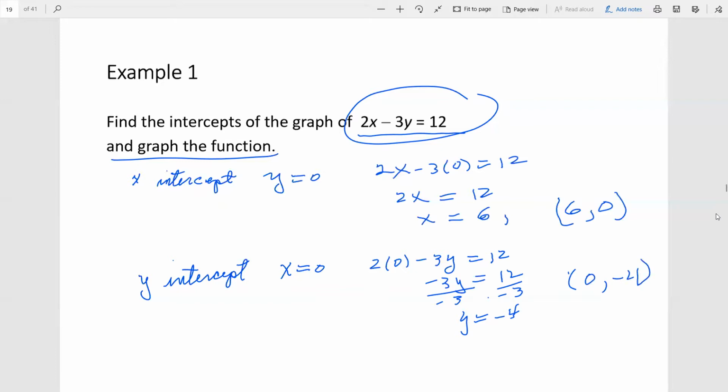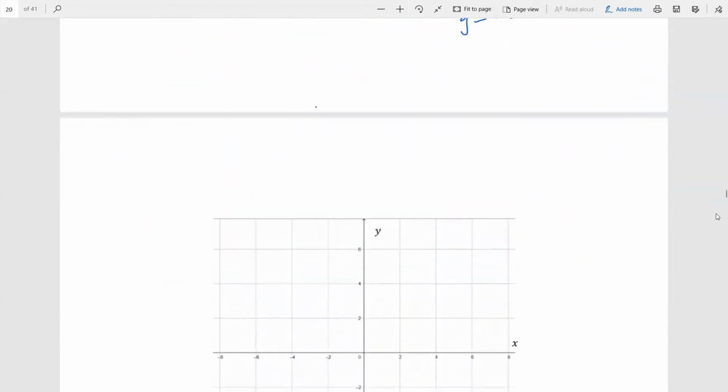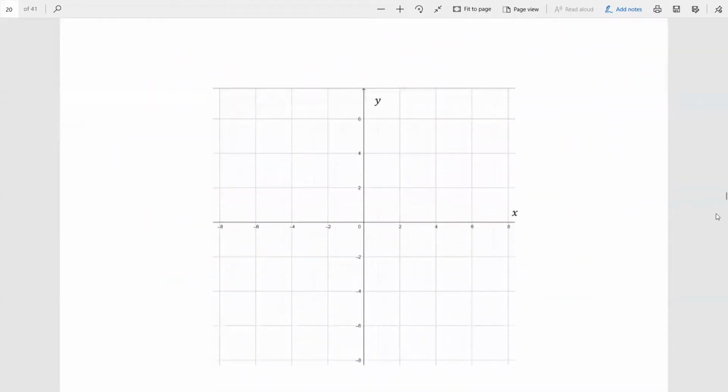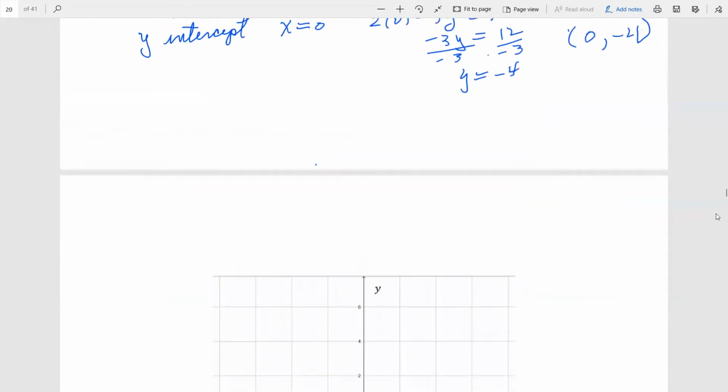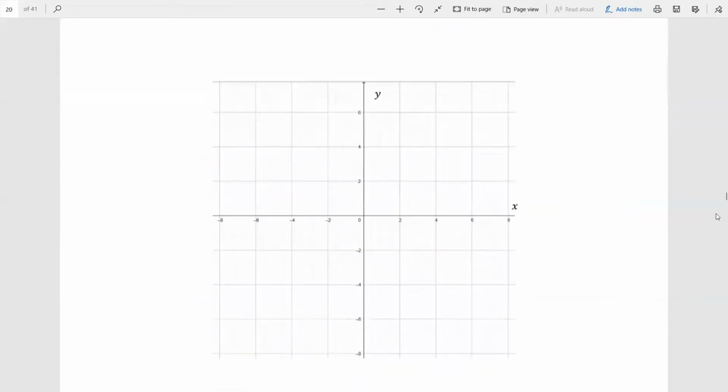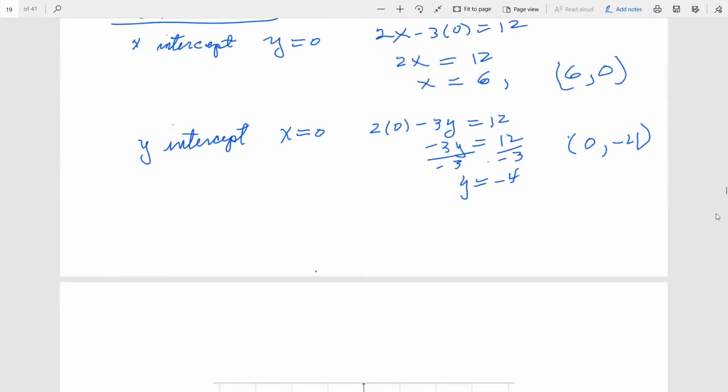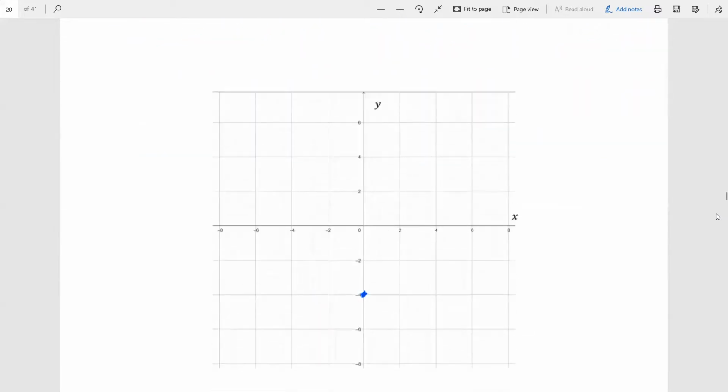So now we want to graph these points. First point will be 0 and minus 4. The other will be 6 and 0.